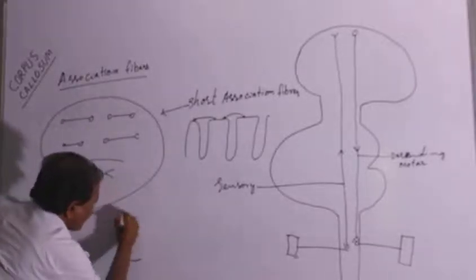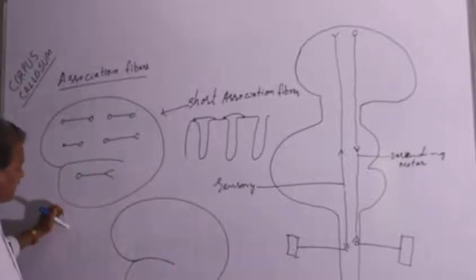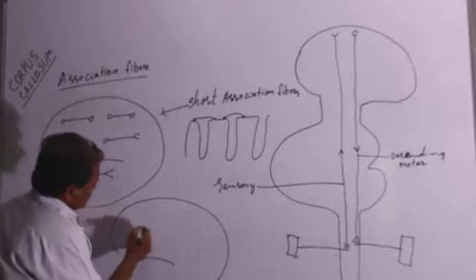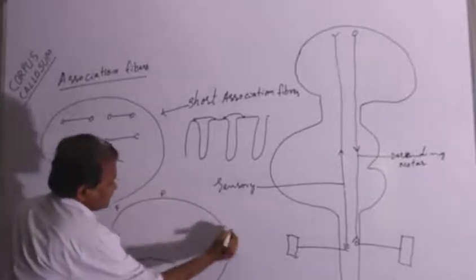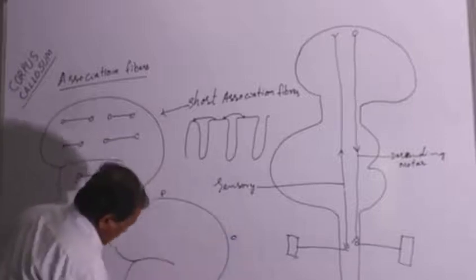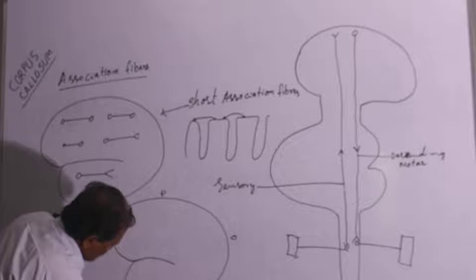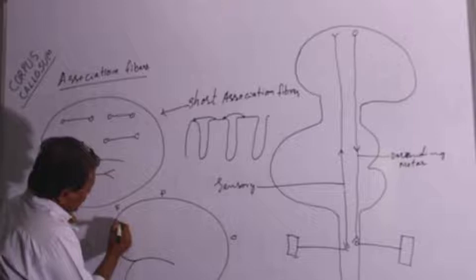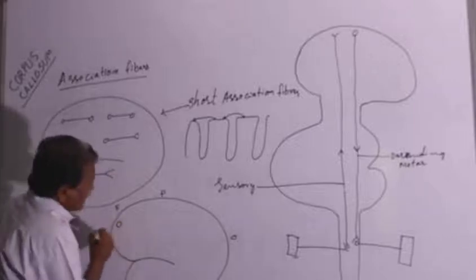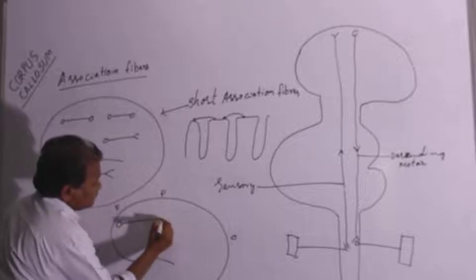This one is the frontal lobe, this is the parietal, this one is the occipital, and this one is the temporal lobe. The neuron cell body is situated here in the temporal lobe, and it connects to the parietal lobe.